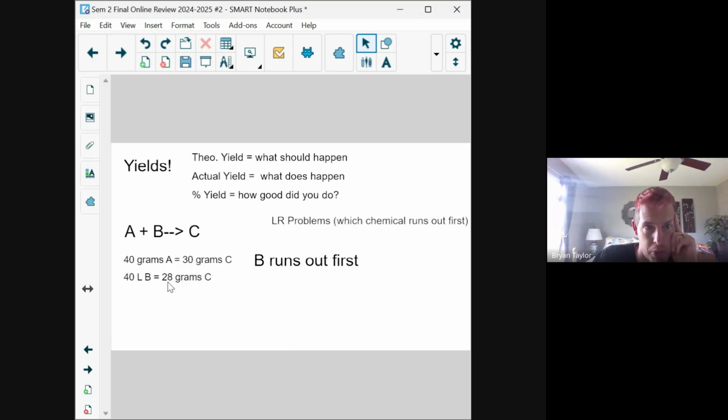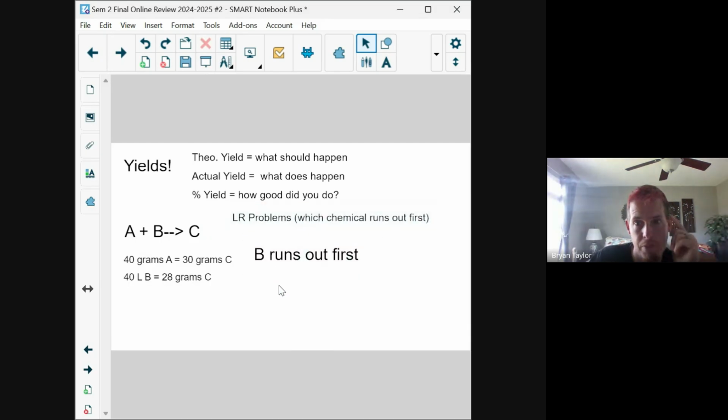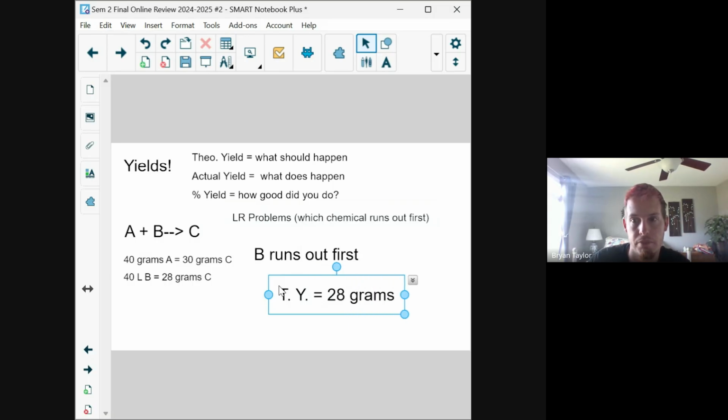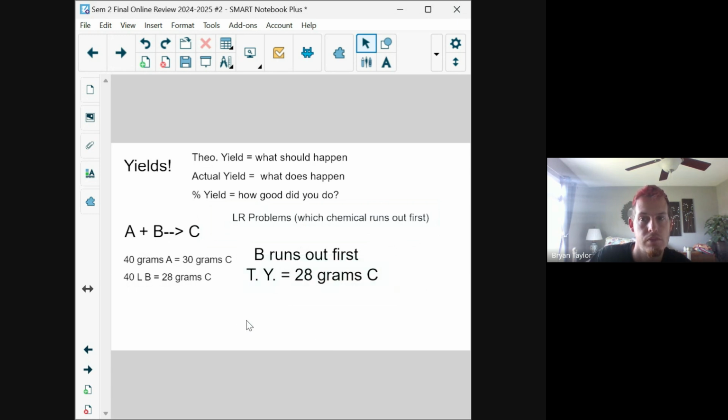You'll never make 28.1 grams. You are out. And again, the limiting reactant is what runs out. So B runs out first. Okay, so your theoretical yield is 28 grams. That is literally from the stoich.